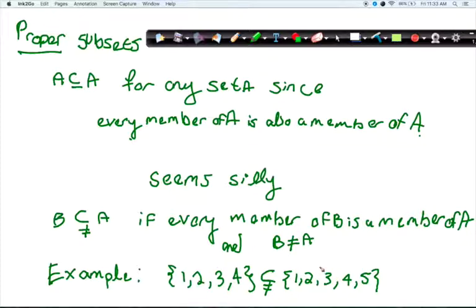But also they're not equal because this set is not a subset of the other, because 5 is here and 5 is not here. So the subset symbol really only goes in one direction here, right? We only have the subset in one direction, not in both. And so this set is a proper subset of this set.